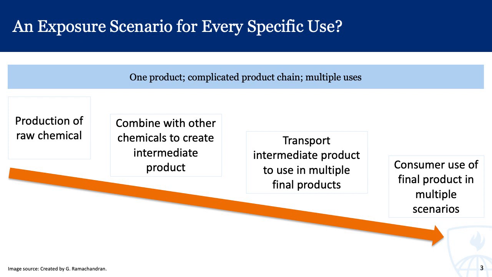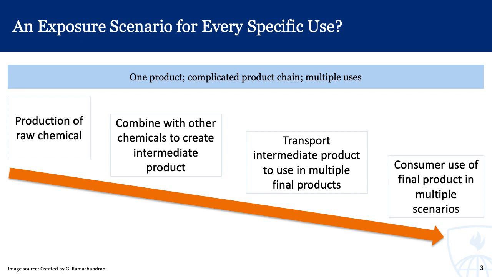So, for example, if there is a particular, let's say, a paint product, the workers involved in producing that paint and the raw ingredients that go into making the paint, they get exposed to those, and eventually the paint gets to a warehouse or a store like Home Depot, so the people working there get exposed to it, and eventually it gets to a person's home who has bought this particular can of paint and is using it in his or her house, and so they get exposed to it.